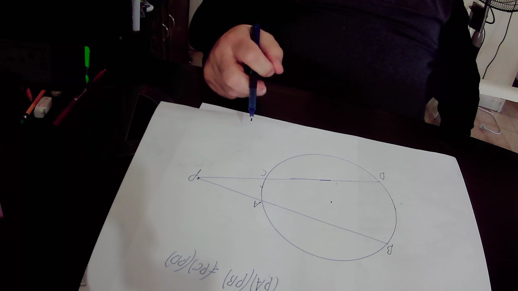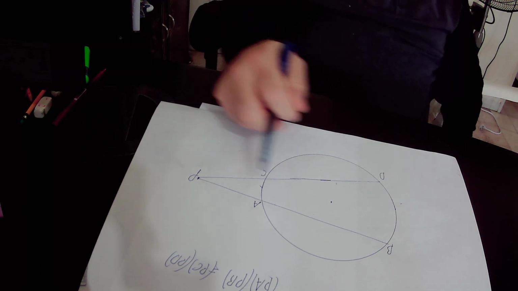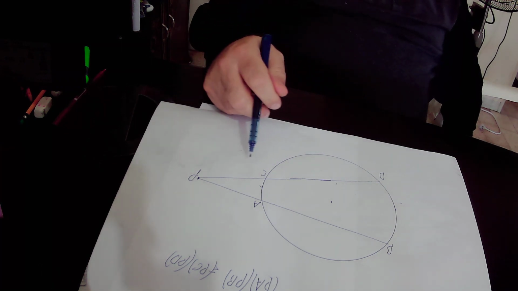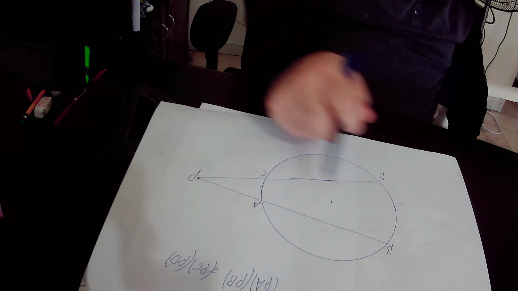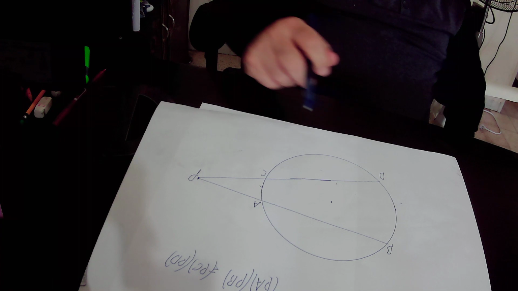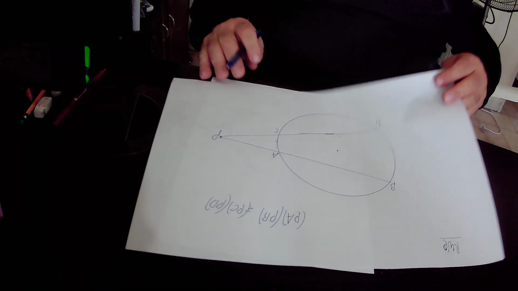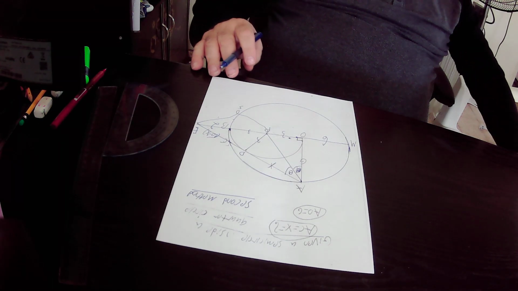Then the following relationship exists between the parts of these two chords: PA times PB equals PC times PD. We will implement this new rule in our drawing.